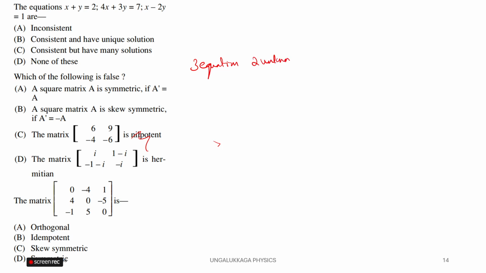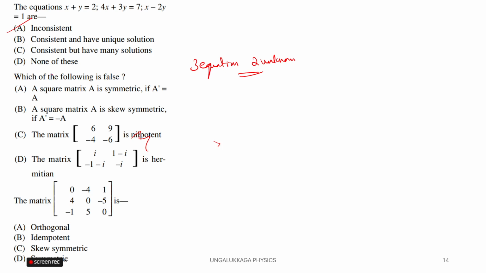In this case, with this property itself, we are able to say it is inconsistent, because if we have three equations and three unknowns, we will have a unique solution, or two equations and two unknowns, we will have a unique solution. But here we don't have those properties.